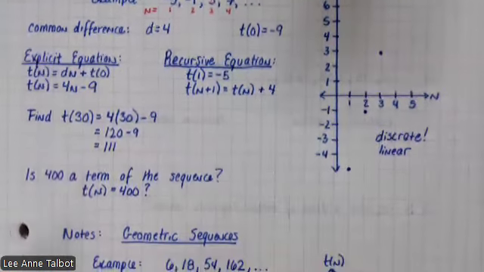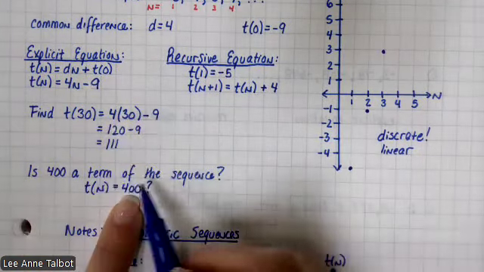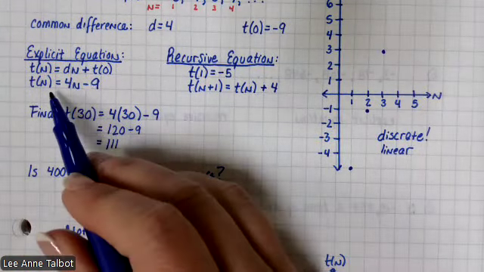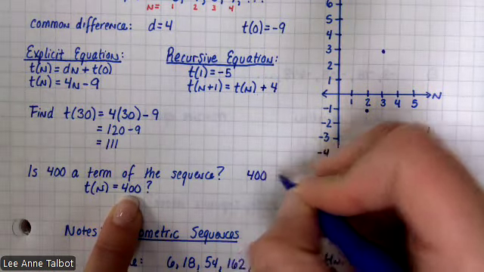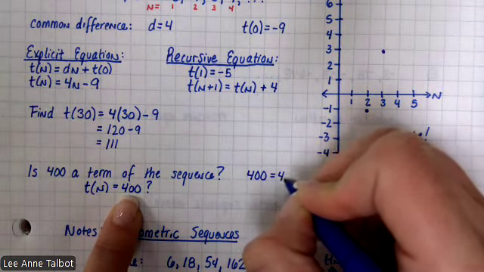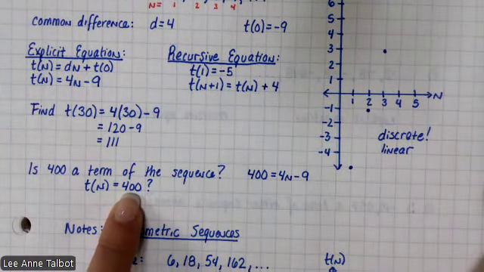Okay, but let's just do it for real. So what I'm going to do is take 400, and instead of plugging it in for n, you plug it in for T of n. So you do 400 equals 4n minus 9. So this is like a backward function machine.